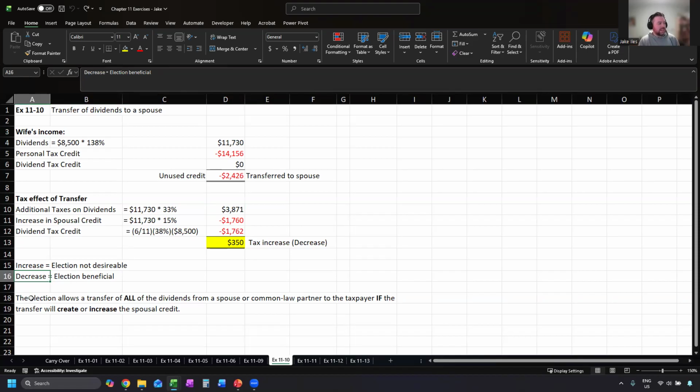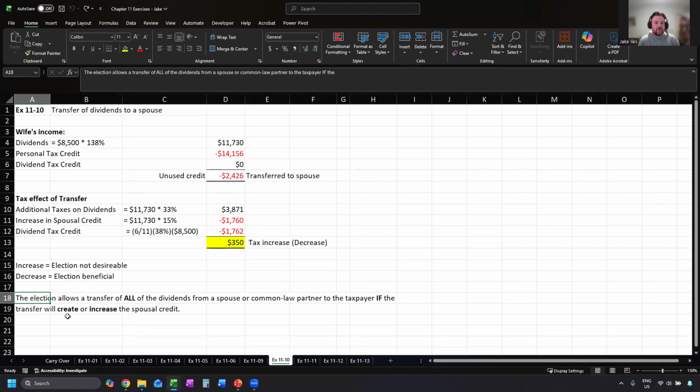The election allows a transfer of all the dividends from a spouse or common law partner. So it's not a matter of just saying, let's only transfer some of the dividends. It's kind of an all or nothing thing. If you do this election, all of the dividend income is moving over. So we'll transfer all of the dividends if the transfer will create or increase the spousal credit.